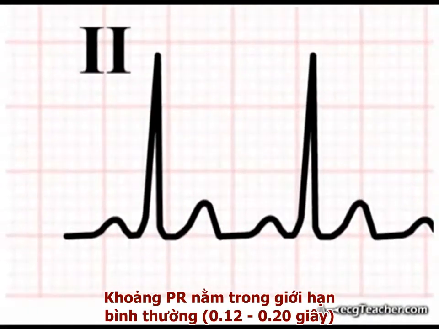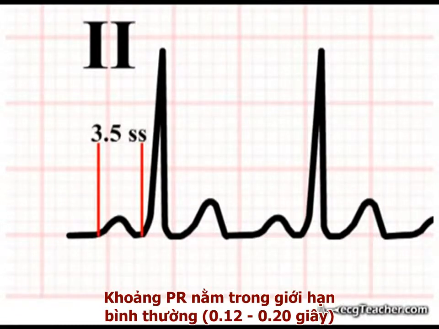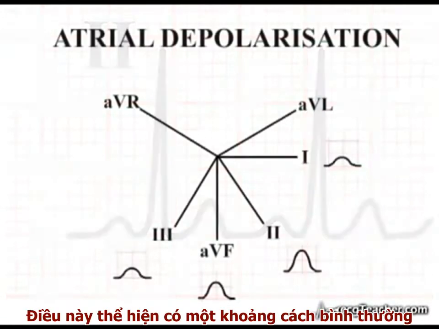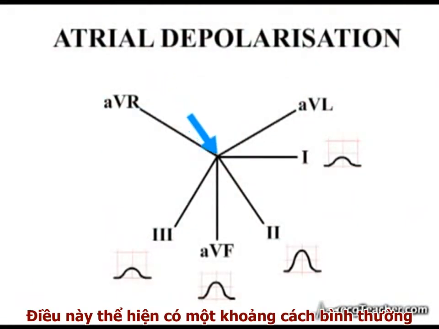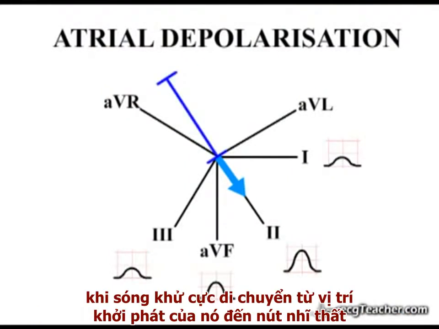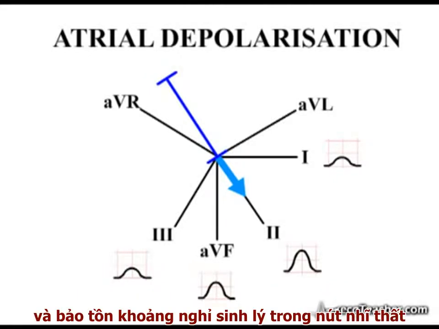Also, the PR interval is within the normal range. This is at least consistent with a normal distance travelled by the atrial depolarization wave from its origin to the AV node, and preservation of physiological delay within the node.